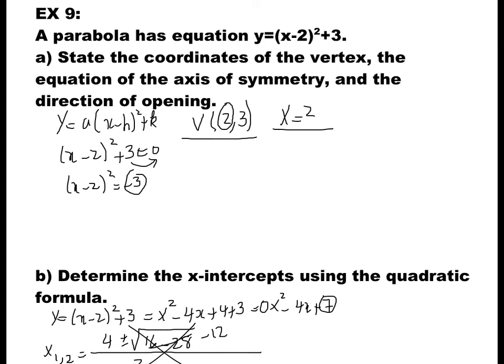Also, you can find the y-intercept by setting x equal to 0. So y equals (0 minus 2) squared plus 3. Negative 2 squared is 4, plus 3, I get 7. So the y-intercept is 7, and then you can go ahead and plot the graph.